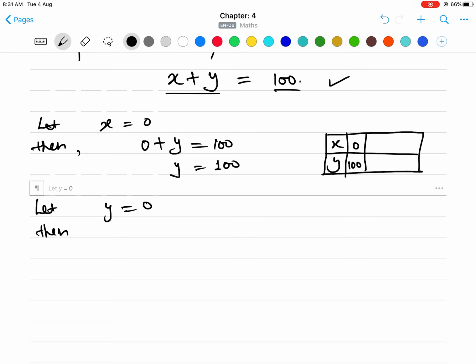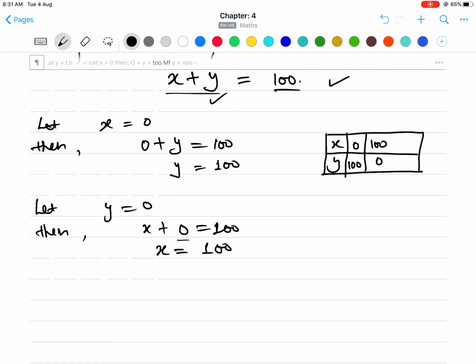Then in place of y we'll write 0, so this will be x plus 0 equals 100. The 0 will be eliminated, so we get x equals 100. So x is 100 and y is 0.